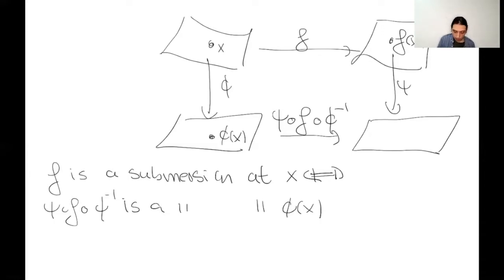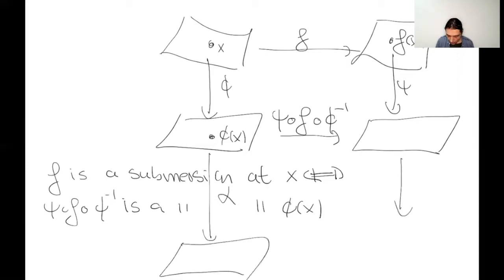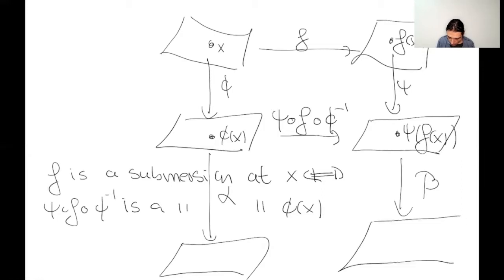But we can apply the local normal form of submersions to this map. Okay, so again, we are going to have here diffeomorphisms, alpha defined in the neighborhood of phi of X, and beta defined in the neighborhood of the point here, psi of F of X, such that the map that is closing the diagram is actually the map that we considered in the previous slide.